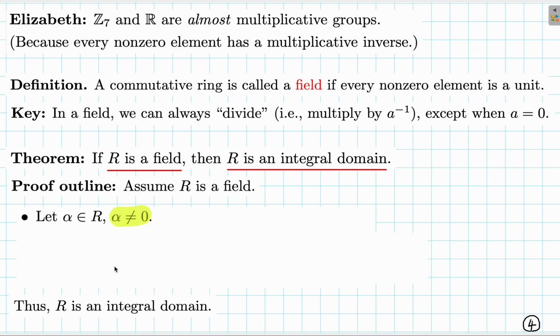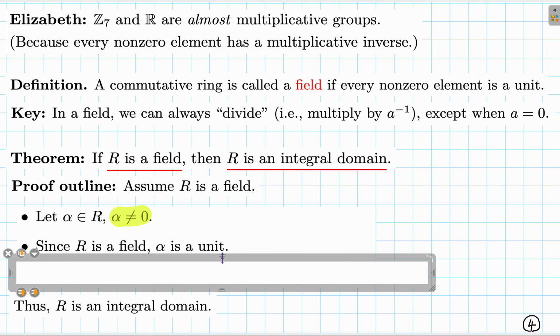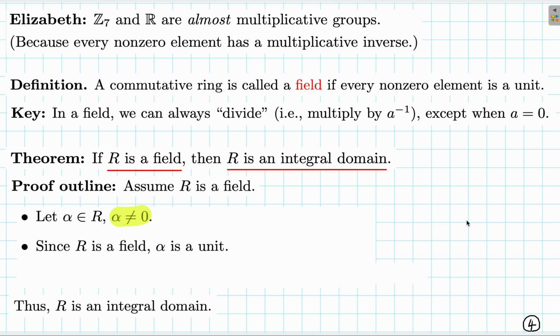So how can we show that alpha is not a zero divisor? Well, we're in a field and every non-zero element is a unit. And therefore, alpha must be a unit. But we saw in the previous lesson that a ring element cannot be both a unit and a zero divisor.